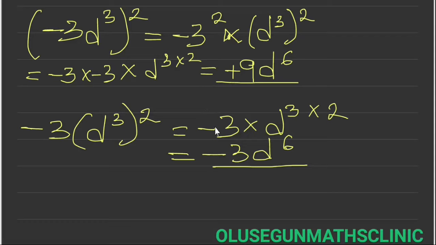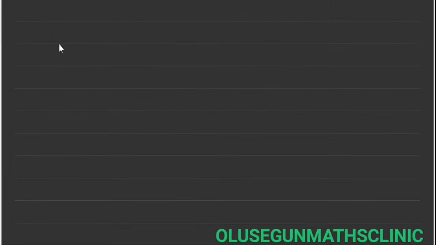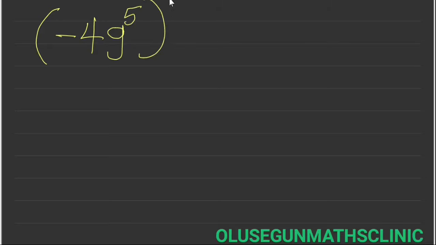So before the classwork, let me give you another example that's relating to this. Now, for example, somebody gives you a question like this, they open a bracket, minus 4g raised to power 5, all raised to power 3. As I've said earlier, you can solve this in two forms.